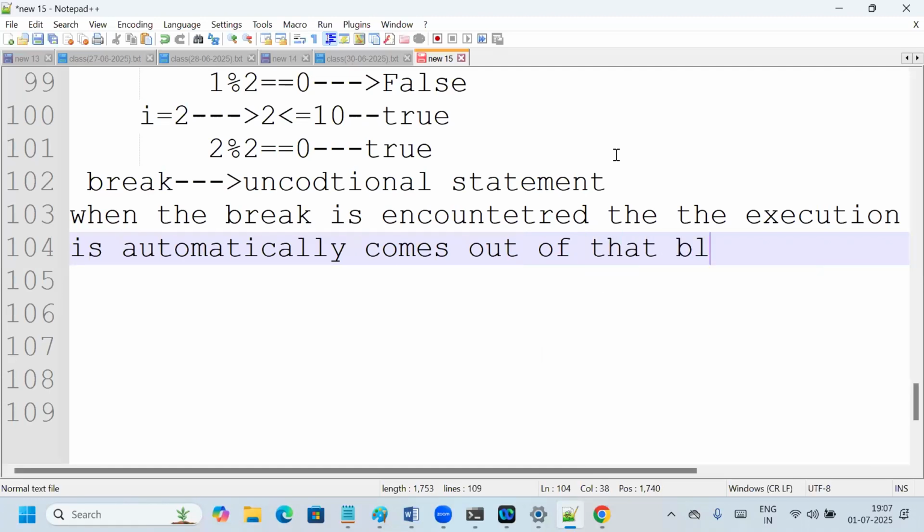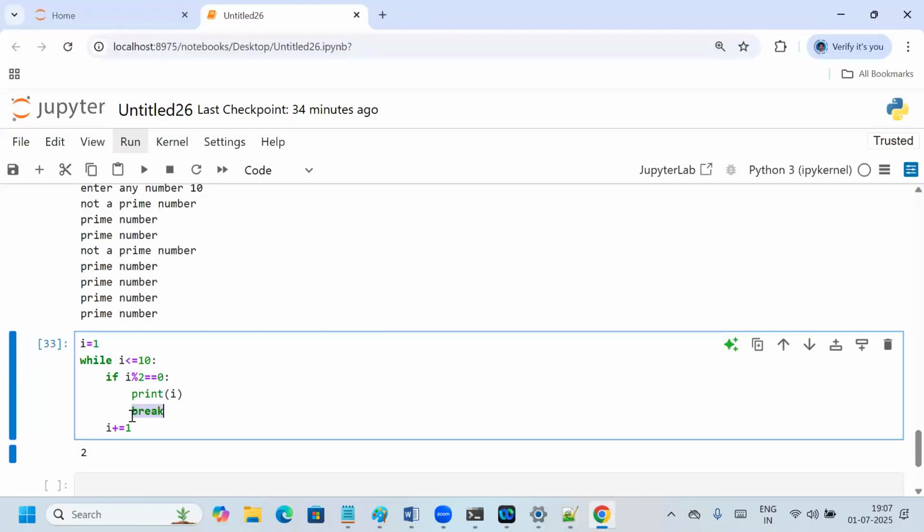Okay, guys. So what exactly is happening here? Once the break is encountered, guys, it will directly come out of the loop. So that's why the remaining i values are not getting iterated.